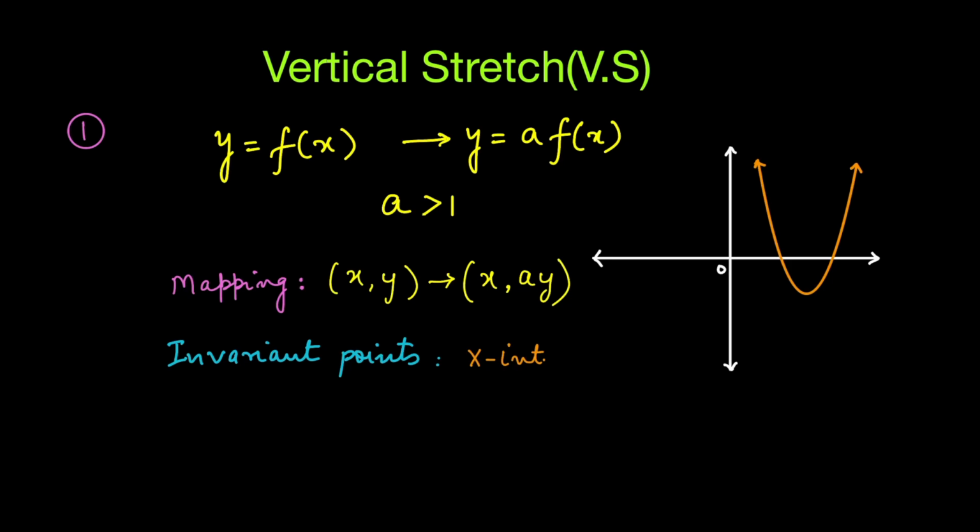Whenever a is greater than 1, just remember that the graph is going to become narrower. It will pass through the x-intercepts, so the x-intercepts are the invariant points. There are two invariant points.